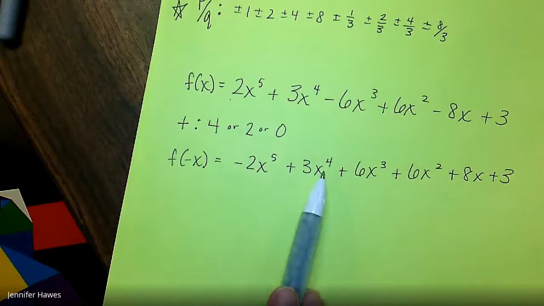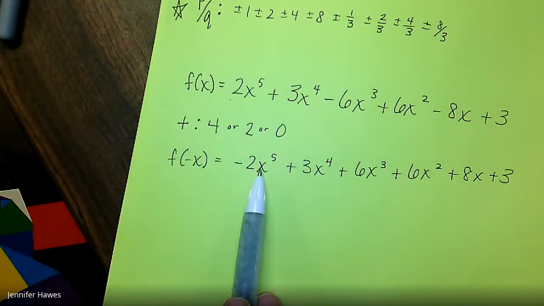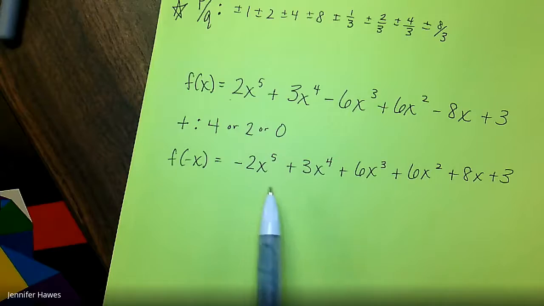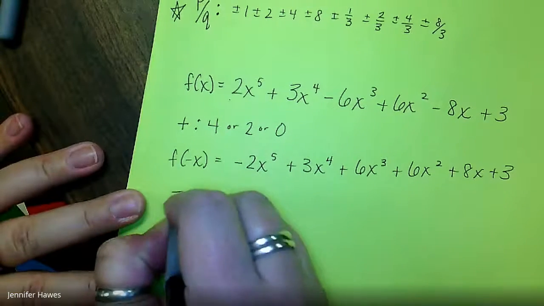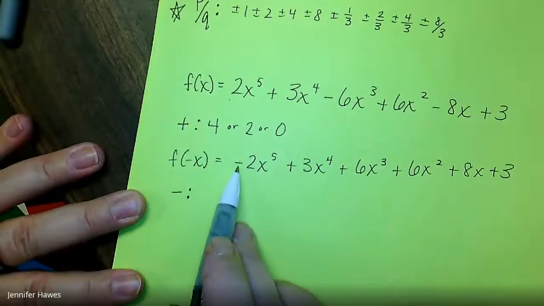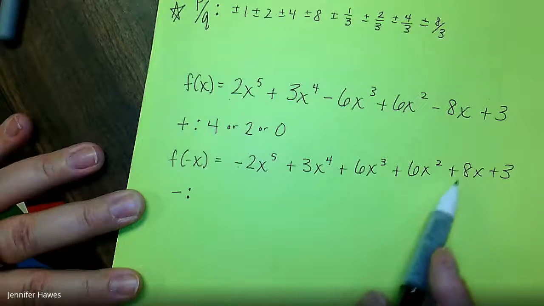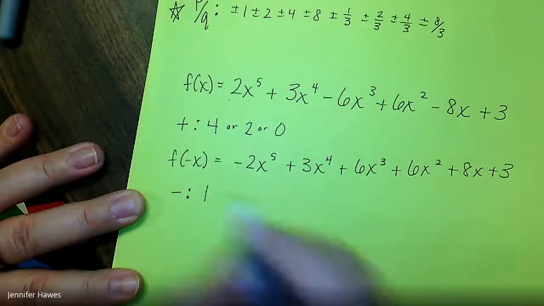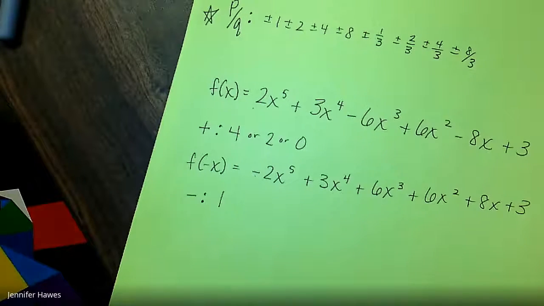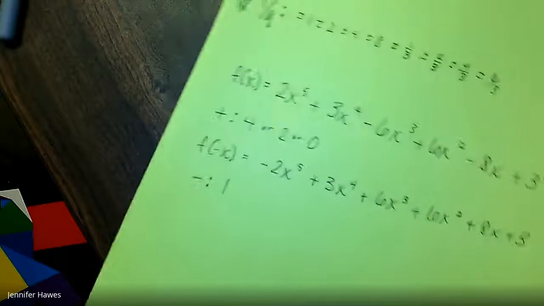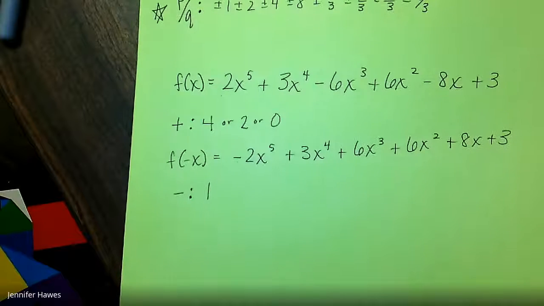So if I have an even amount, that means they cross out, but on this one right here, I have one more negative because it's an odd power. So negative to a positive, there's one. Positive, positive, positive, positive. Okay, so that's how you find it.